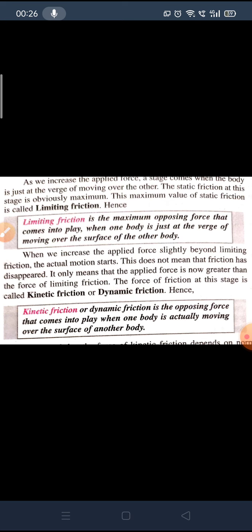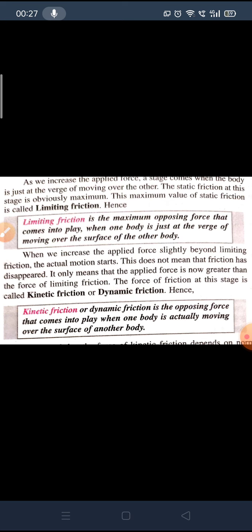Among all the friction forces we are studying here, static friction, limiting friction, and the kinetic friction which we will study now, the limiting friction will be maximum, because this is the friction which is responsible to make the object move. So once again, the limiting friction is the maximum opposing force that comes into play when a body is just at the verge of moving over the surface of another body.